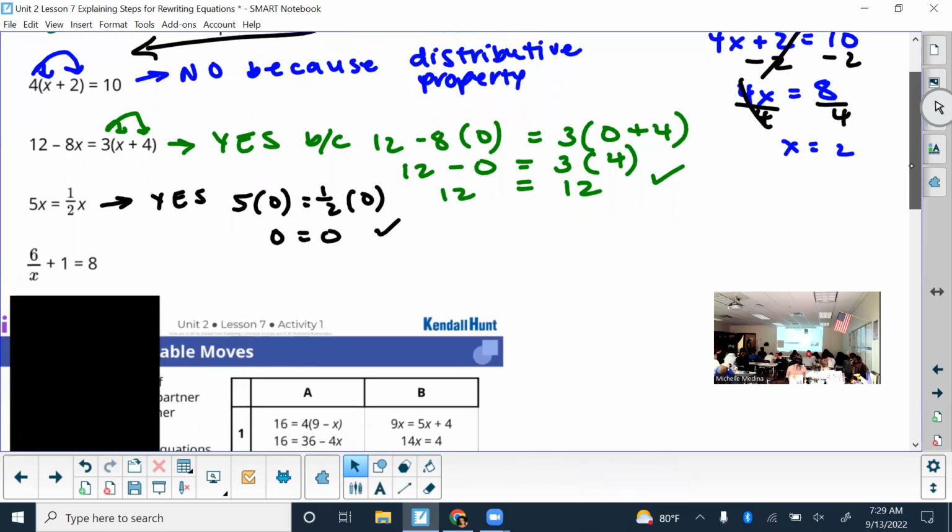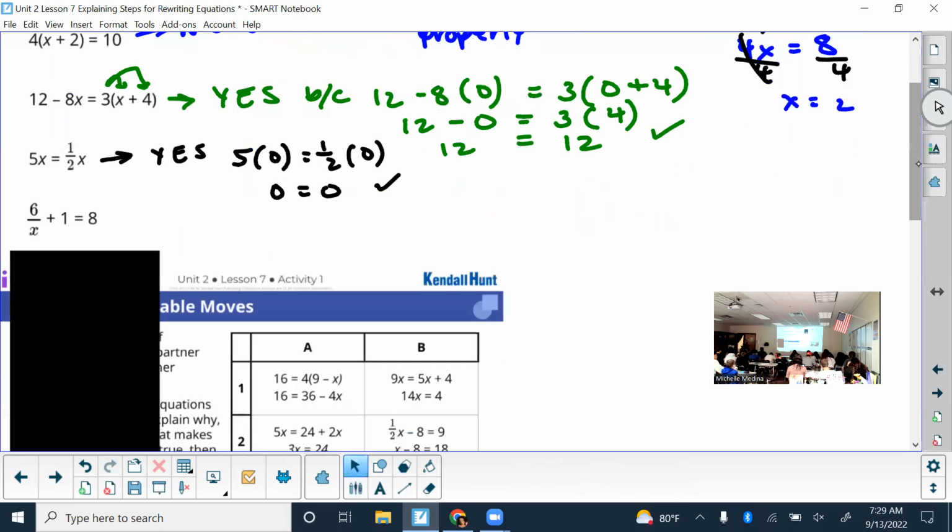All right, last one of the set, is 0 a solution to this equation?